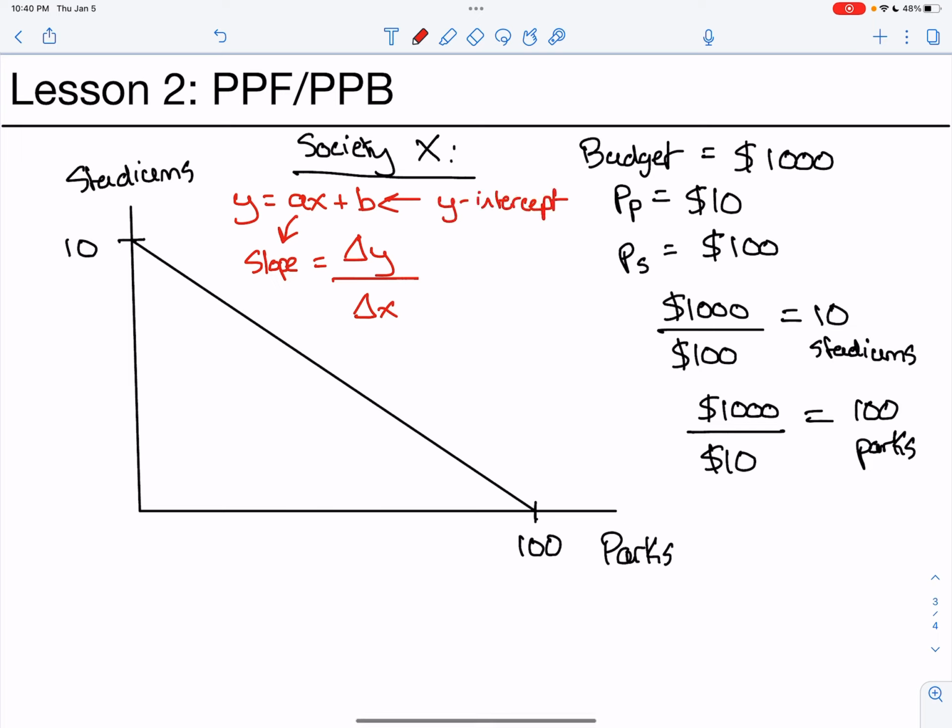Now, of course, we already have our y-intercept. Our y-intercept is simply 10. So all that remains to do is to calculate the slope.